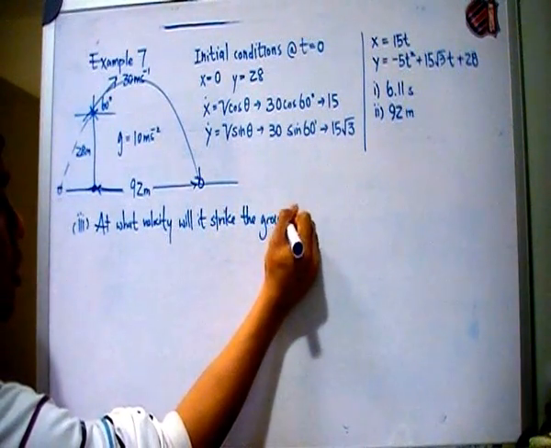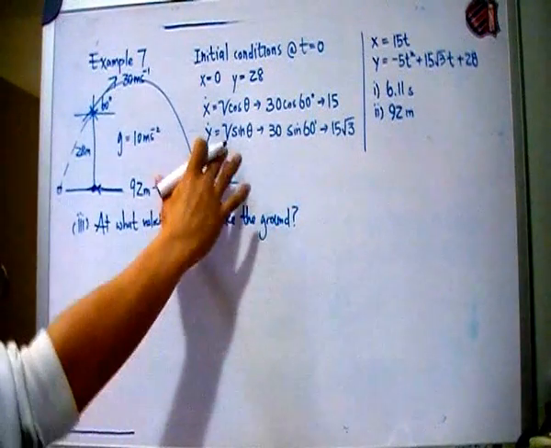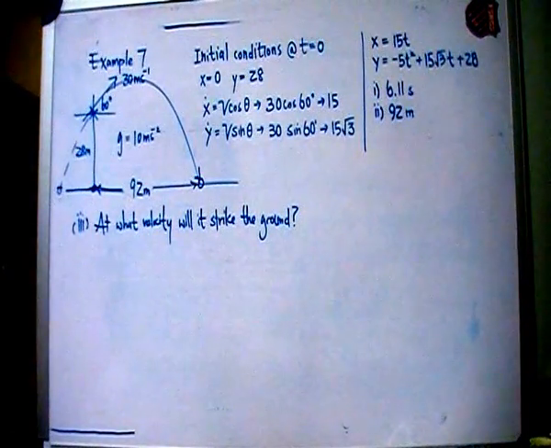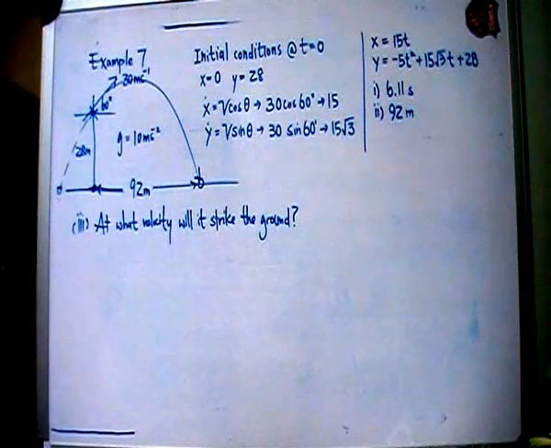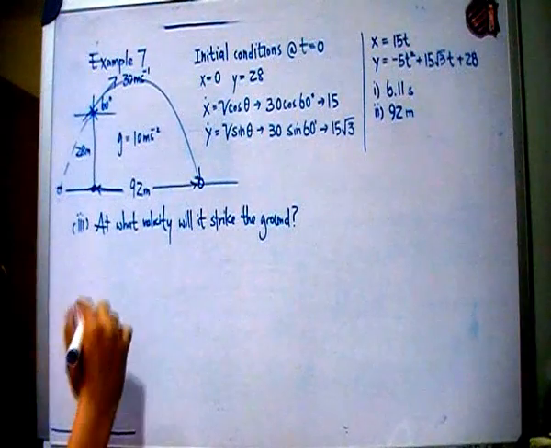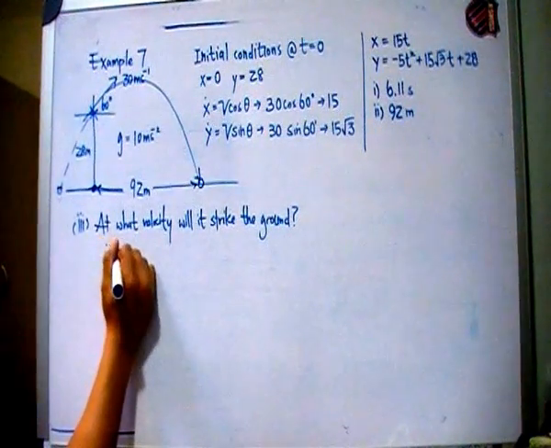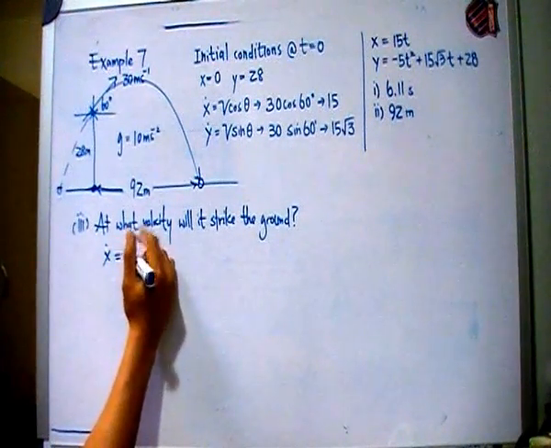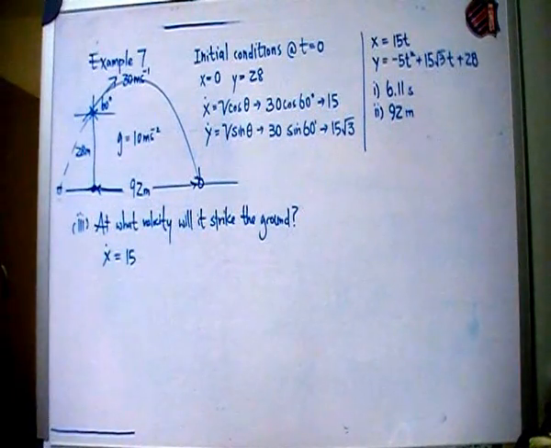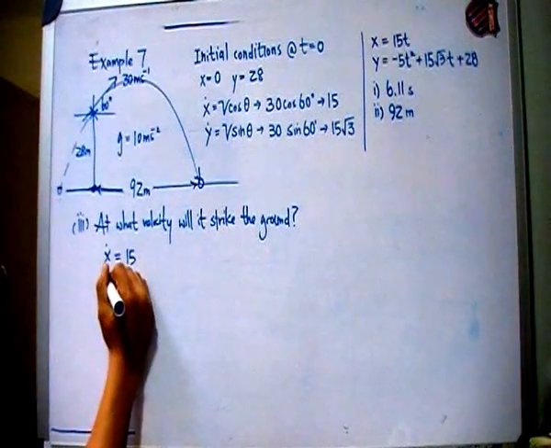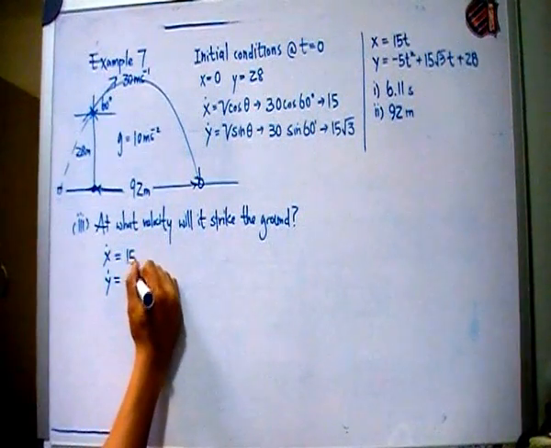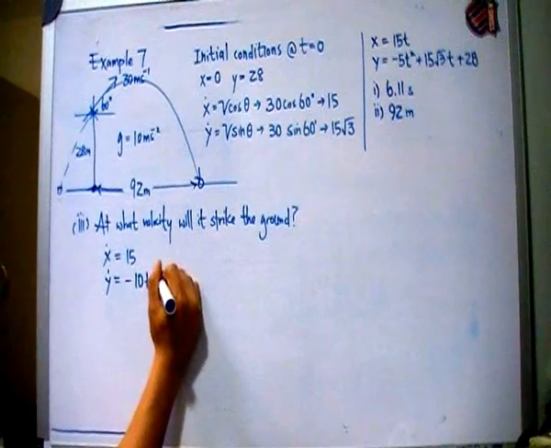To do this one, we would need our x dot and y dot formulas. I am sorry I didn't write it down, but if you rewind back, we would have found that your x dot was something like, I think it was just 15. Pretty much just differentiate what you got there, and you've got your y dot equal to minus 10t plus 15 root 3.